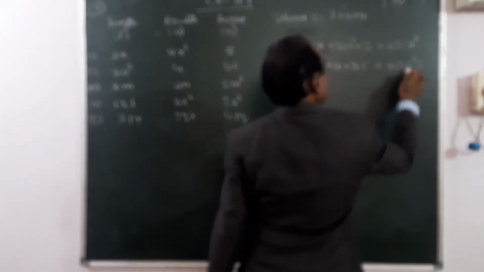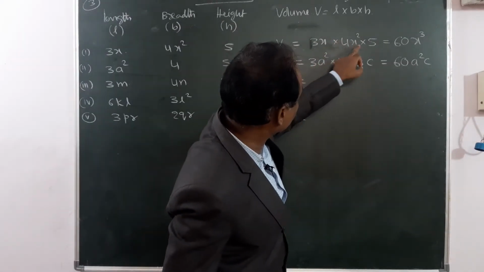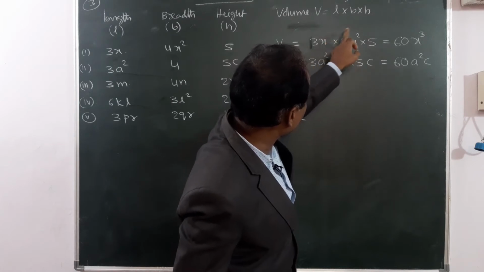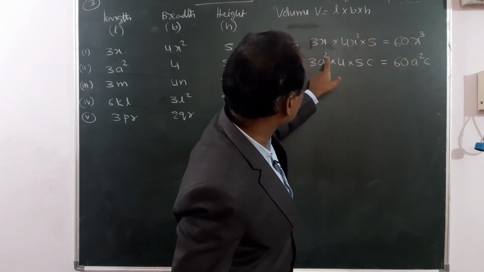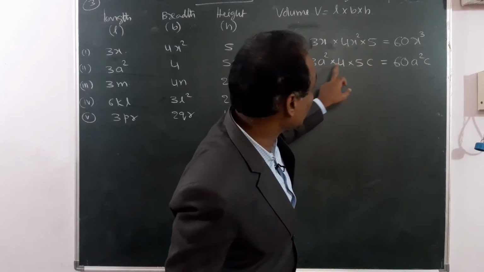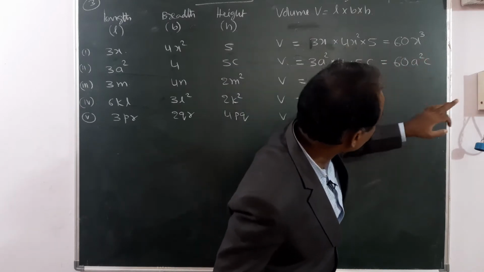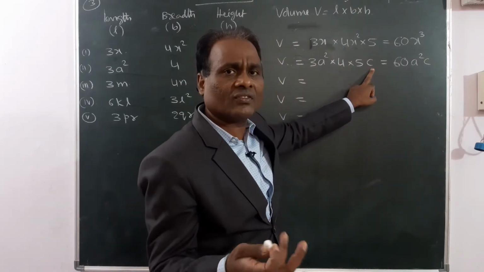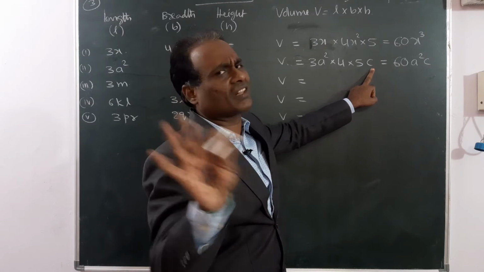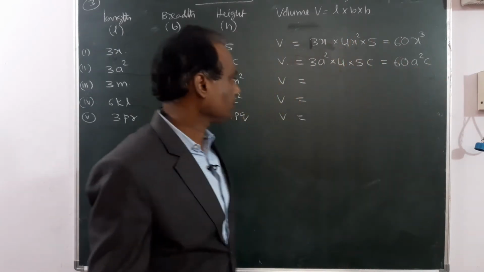We can't simplify this further. If the variable bases are the same, we can add the powers, but here don't add 2 plus 1, 3, because a base is different, c base is different. If same bases, we can add the powers. So a square into c is a square c only, no further simplification.